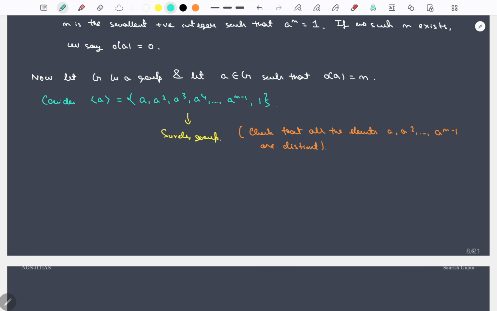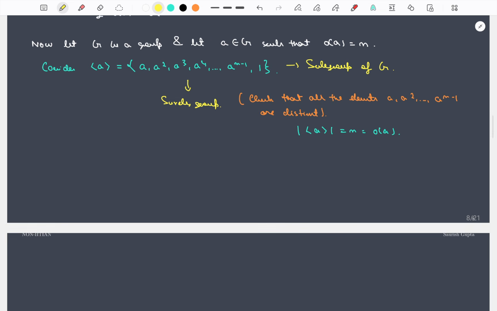So once we have proved this, we know that the cardinality of this particular set is n, which also was the order of A. Such a subgroup, so it's called a subgroup of G. That is a substructure of G, which is also a group with respect to the same operations on G. Okay. So it's a subgroup of G.